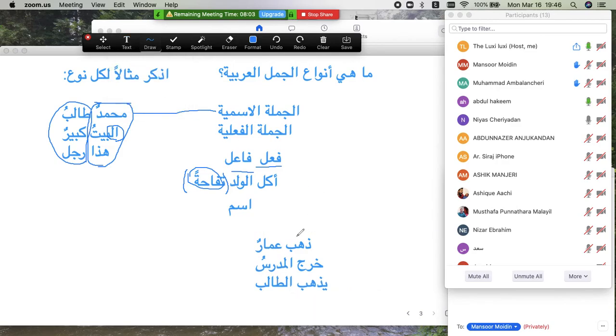So what has to be the case absolutely are these two parts. The first one being a fi'l and the second one being the fa'il. If you have done this, your answer is correct. If you fail to do any of this, your answer is wrong. Okay?